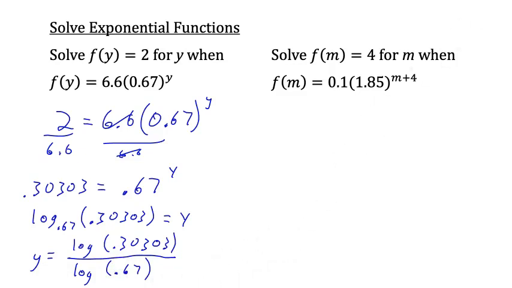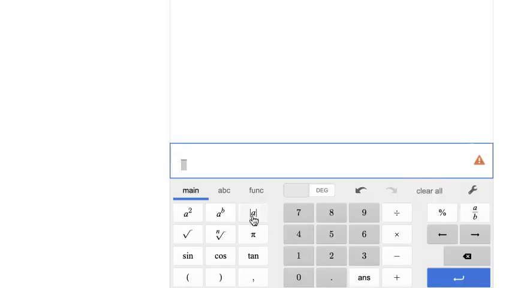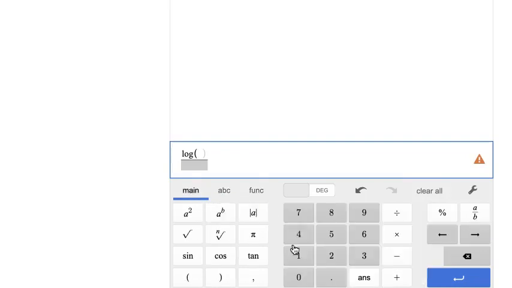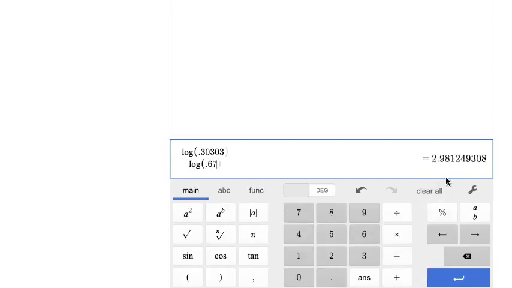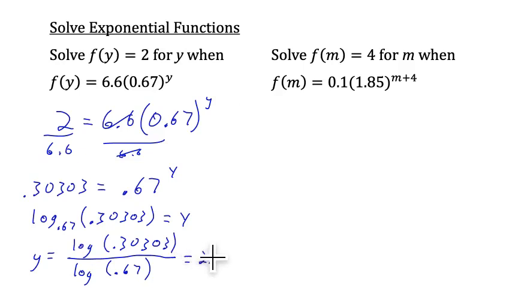All right, so over to our scientific calculator, and I get 2.98. So we just figured out that 6.6 times 0.67 raised to the power of 2.98 is about equal to 2.